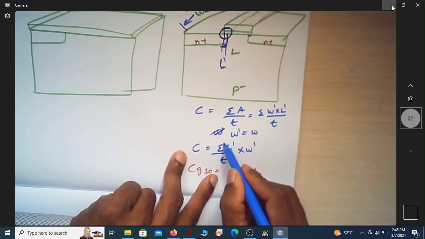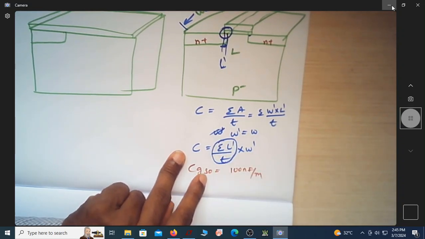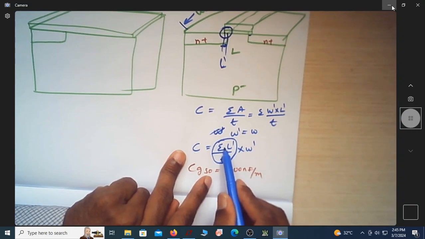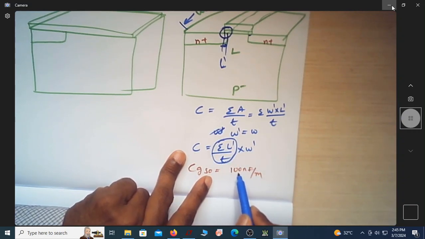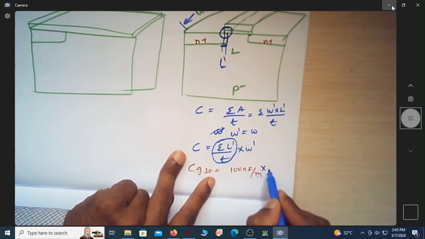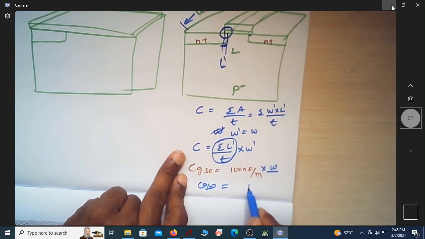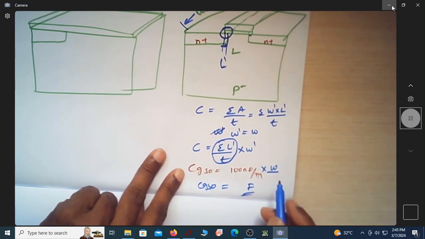Whatever capacitance that you are given, CGSO, is so many 100 nanofarad per meter. This capacitance is always predefined. This is the per unit distance capacitance, which is nothing but 100 nanofarad per meter. If I multiply this with the width of the transistor, then I'll get CGSO in farads.